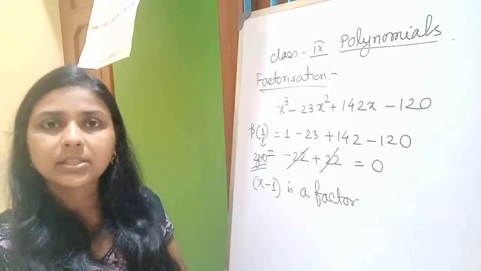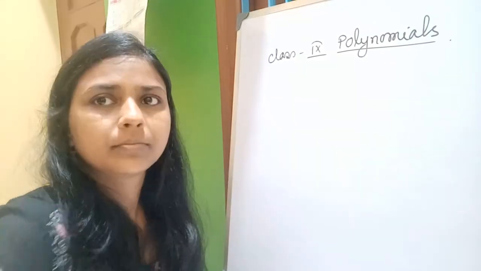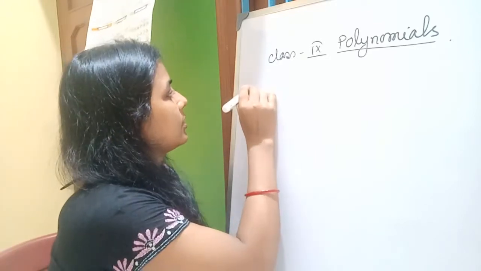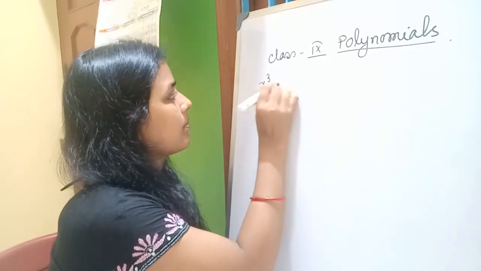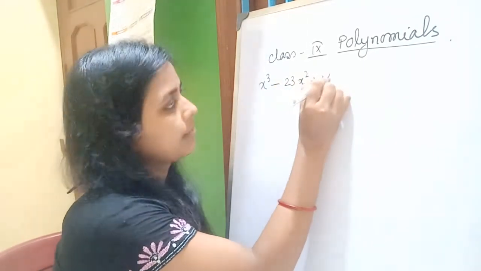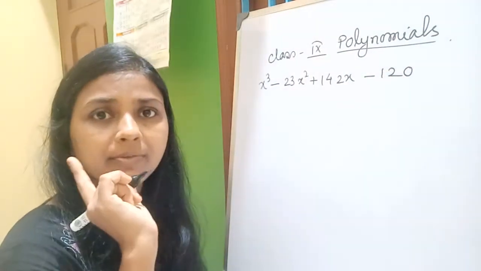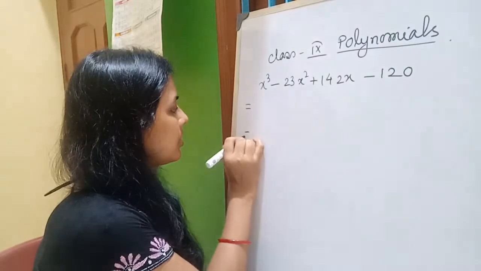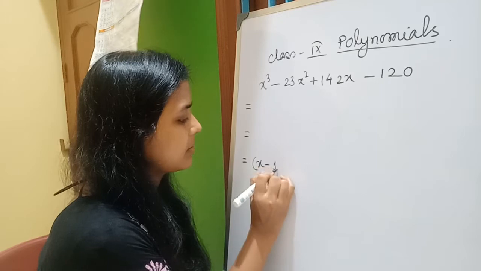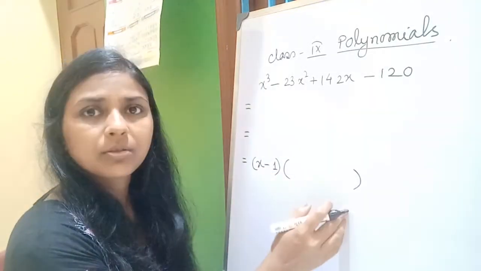Once we have got x minus 1 as a factor, we have to do the next procedure. Look at this process very carefully. The question was x cube minus 23x square plus 142x minus 120. One factor we have got, x minus 1. There will be some other factor, x minus 1 into something.